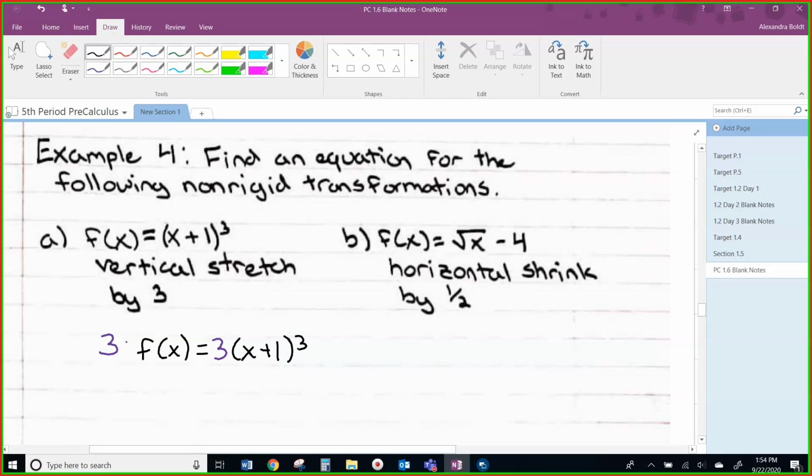Nice and easy. Now, if I really wanted to be mean, I would make you multiply out x plus 1 cubed by multiplying x plus 1 times x plus 1 times x plus 1, but we won't be that mean. So you can just leave your answer like that: 3 times x plus 1 cubed.